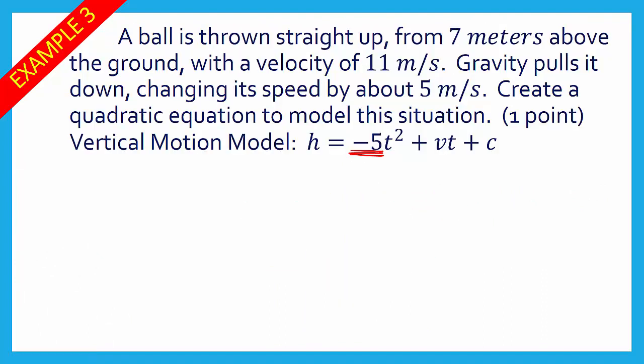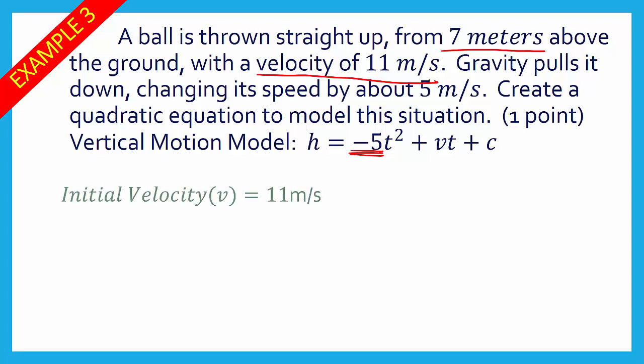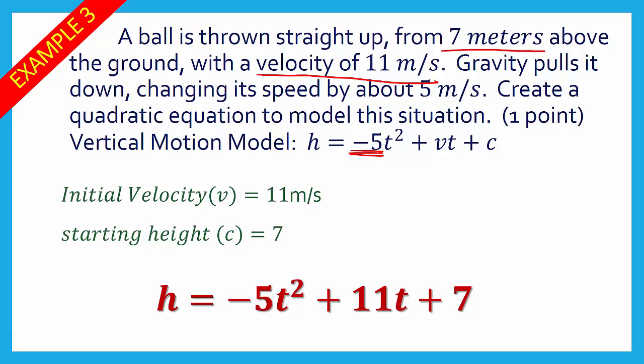Since you see that word gravity mentioned, hopefully you can make that connection, which only leaves the initial velocity and its starting height. You might not always have a starting height, in which case this would be left off. Like if it's starting from the ground, then you won't have a constant in there. But as it is, our initial velocity is 11 meters per second. Starting height, which is c, is 7. So we just plug those in, and we are good to go.